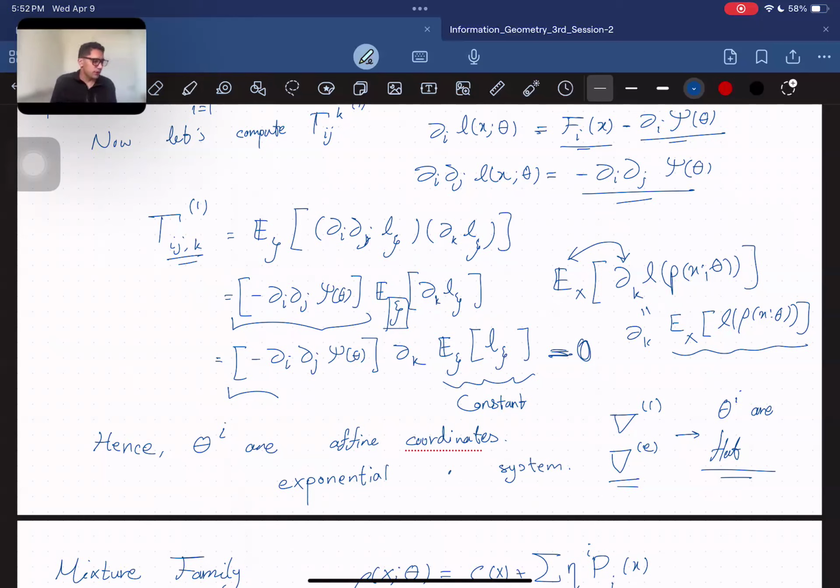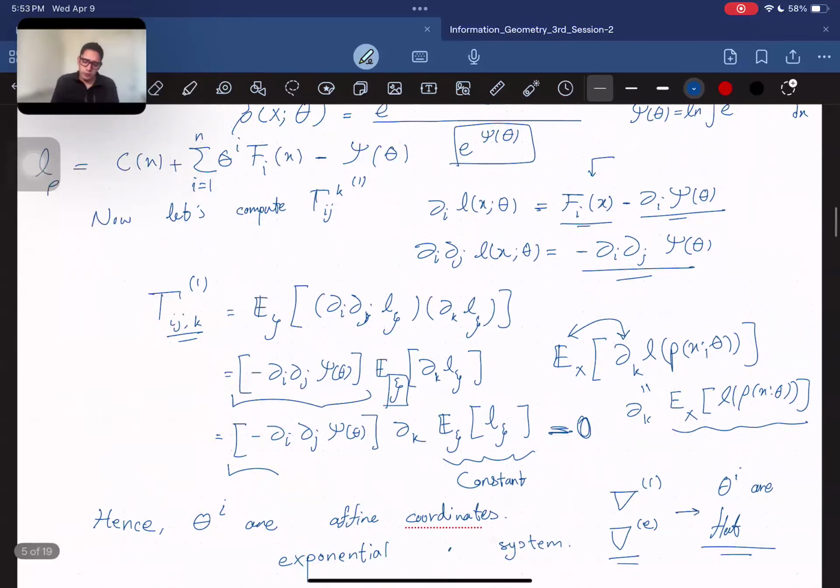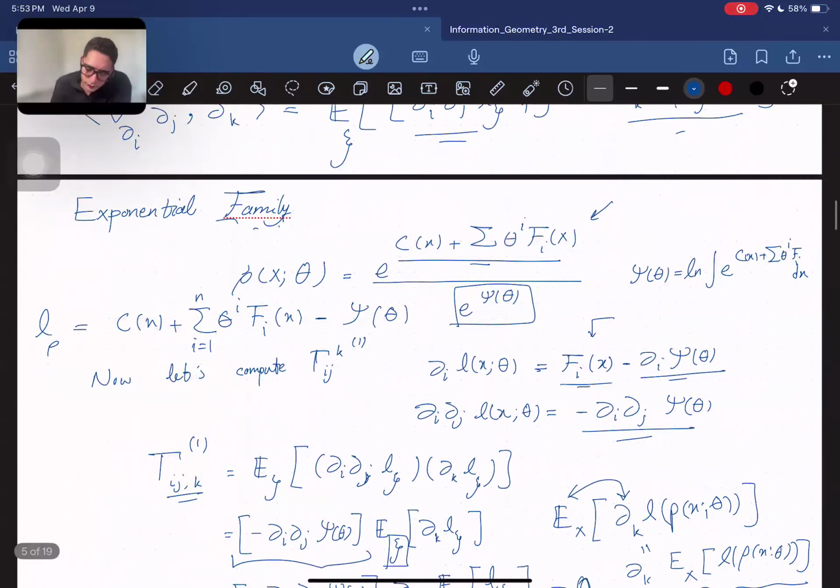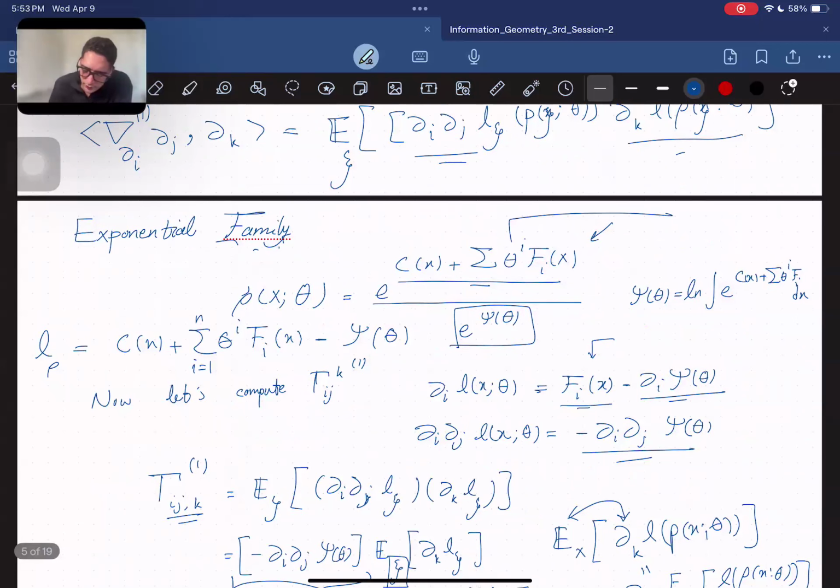For example, in the case of normal distribution. So if we want to calculate this, these are nothing but mu over 2 sigma squared. This is theta 1. And theta 2 is 1 over 2 sigma squared.